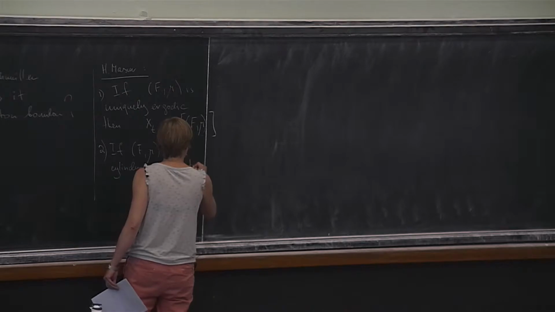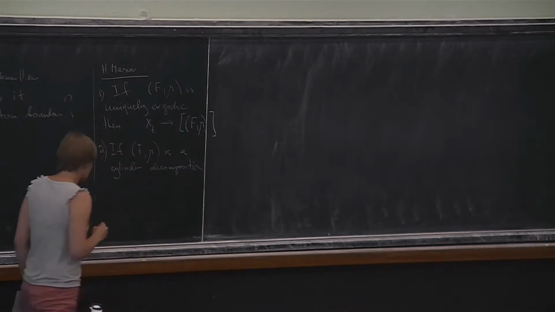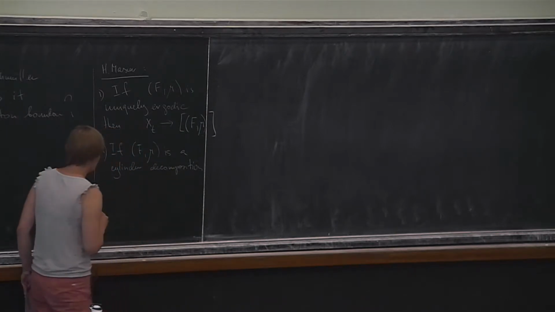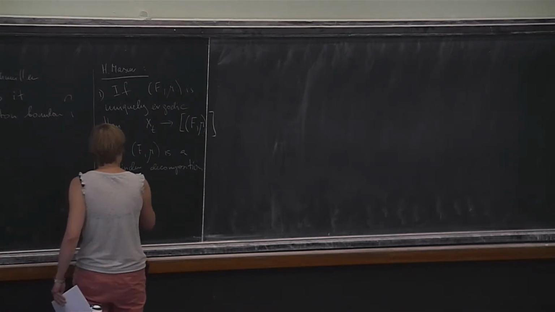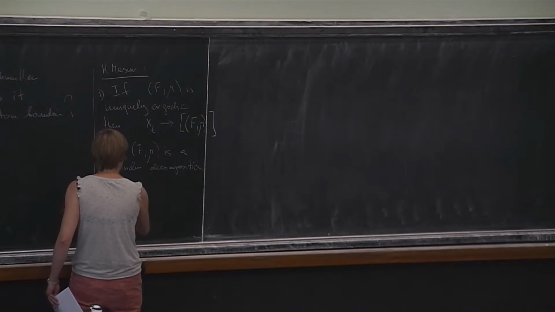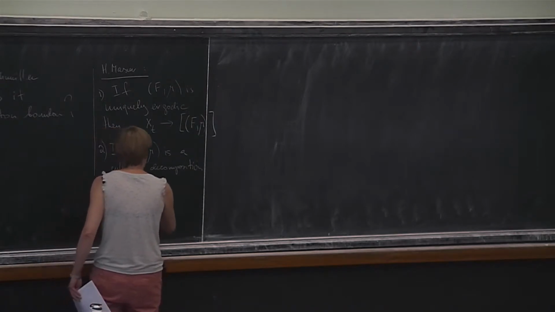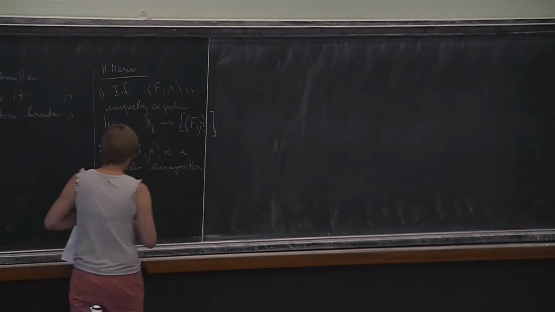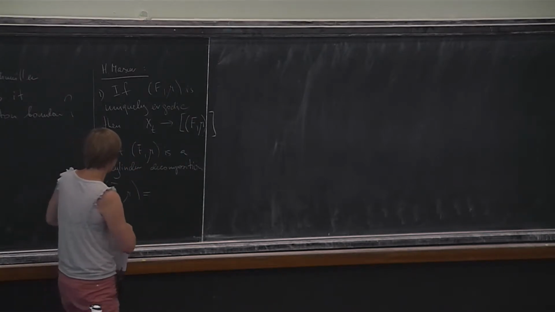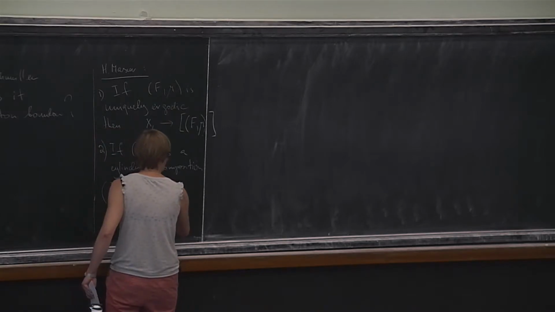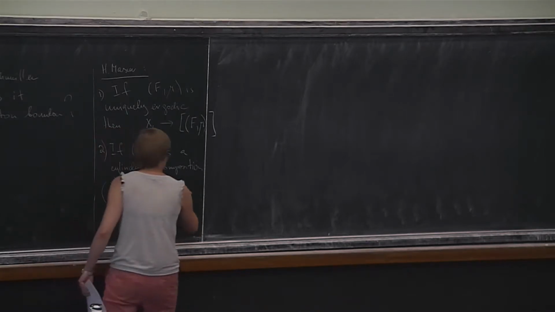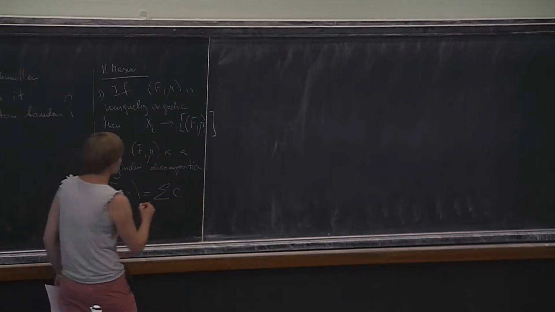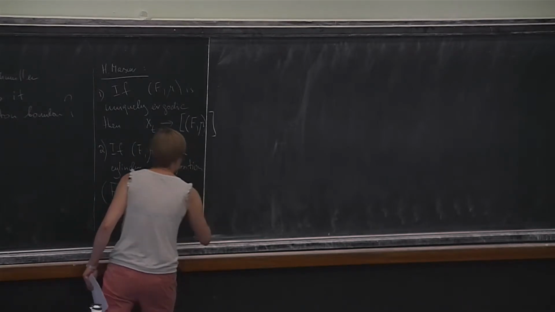Okay. So let's write it like that, so that F mu is, by abusing notation, I will write it as a sum of some coefficient times a curve.